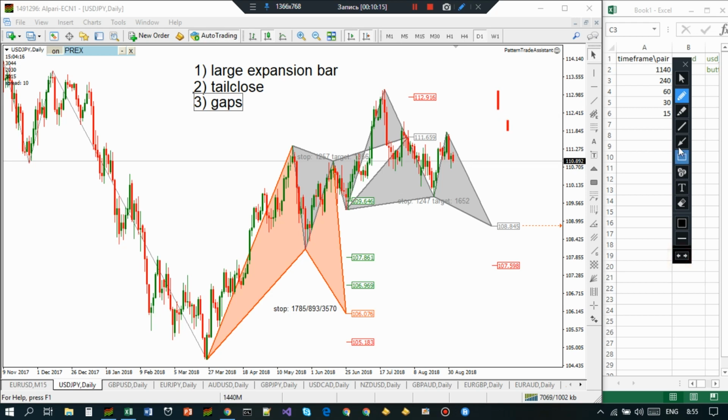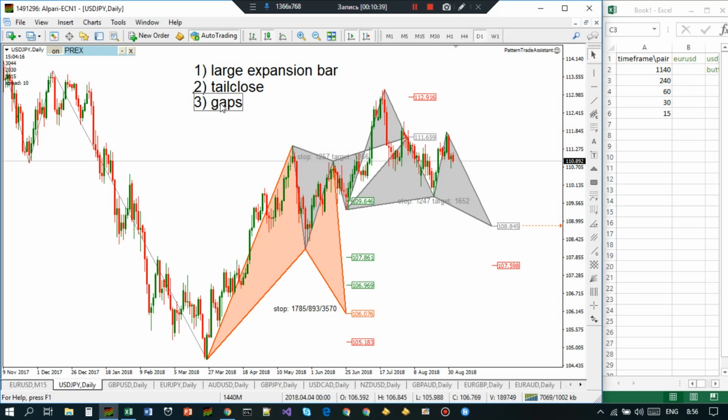An unfilled gap is something that was not filled with the body of the previous candle, so it is something of this kind. When you have a gap and then price continues to the downside, this is an unfilled gap.